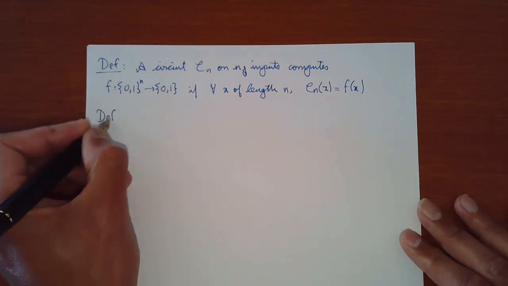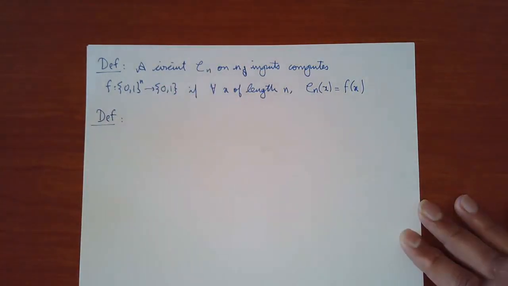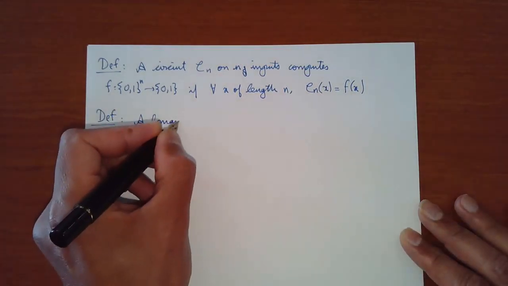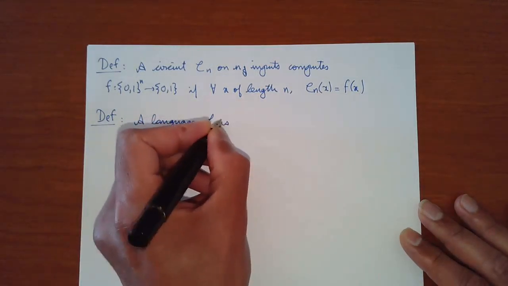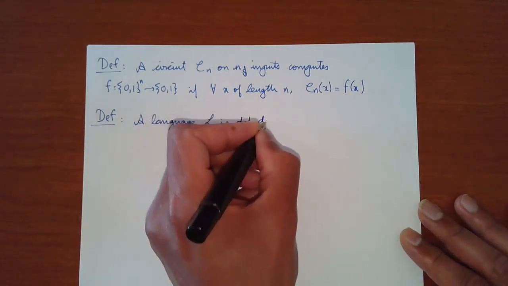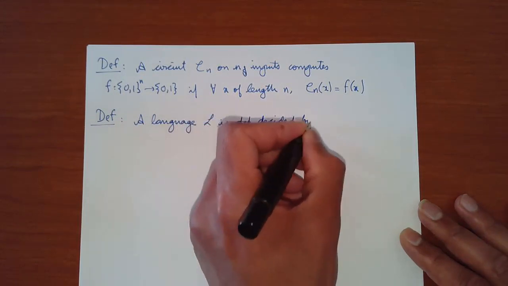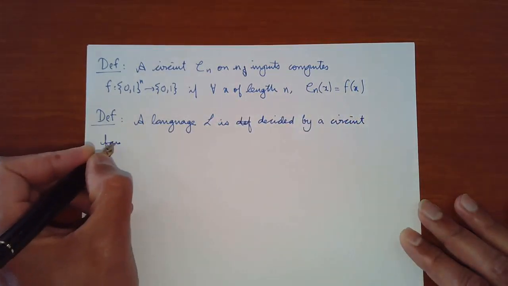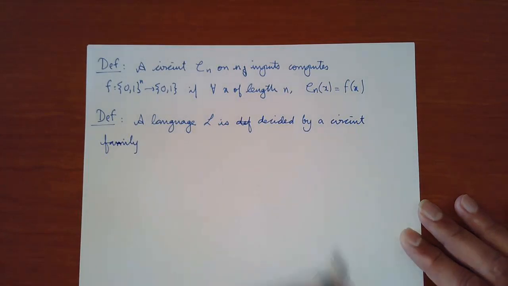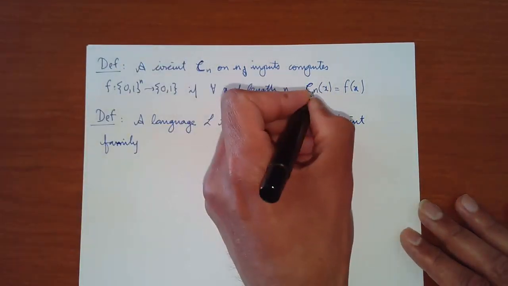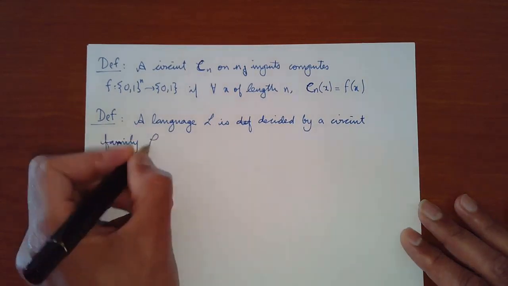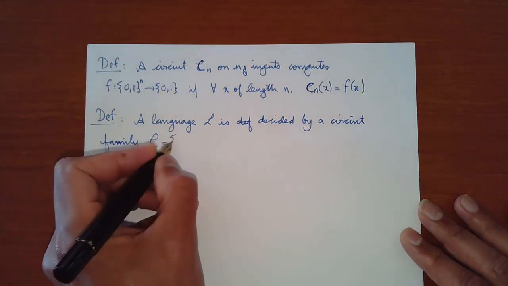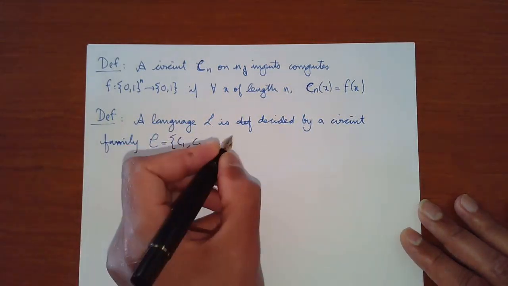And now the problem is with a circuit, the number of inputs is fixed. So we'll say a language L is decided by a circuit family. I'll use normal letters for a circuit, and for a family I'll use the script letter, where this is a family C1, C2, so on and so forth.